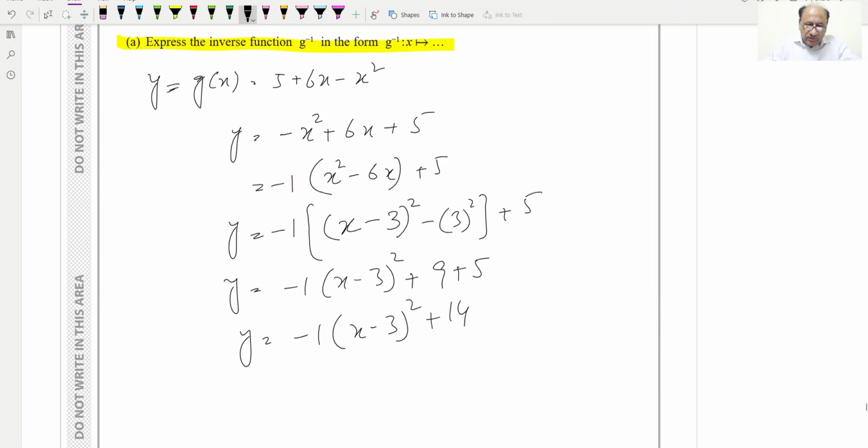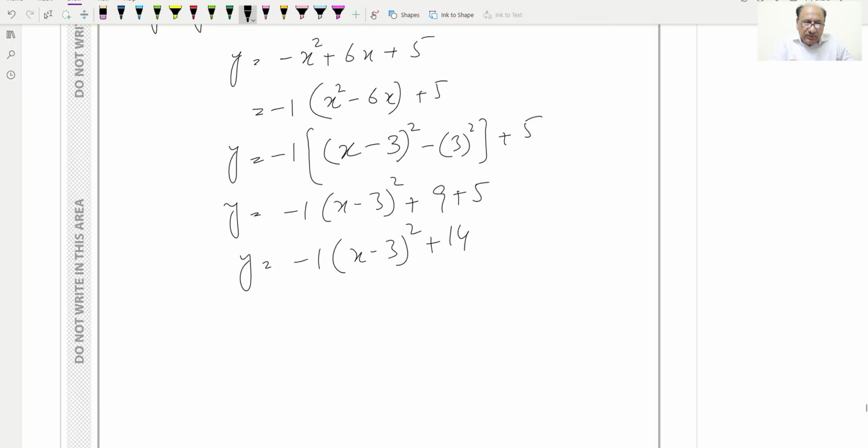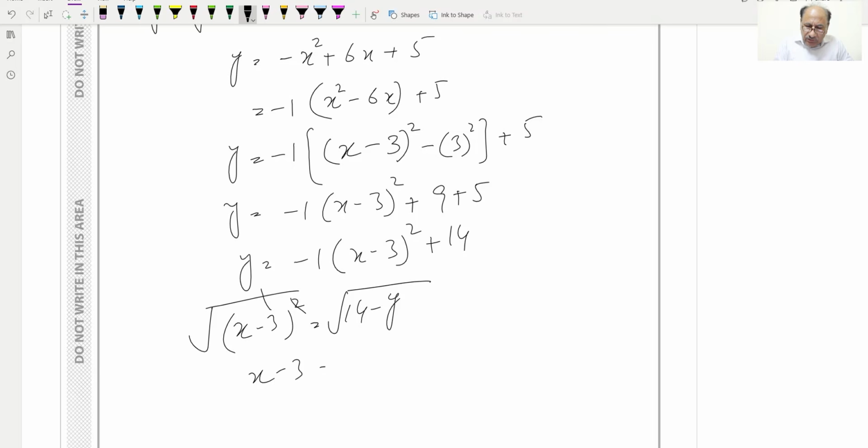Now we can shift 14 to the other side, so we can write x minus 3 squared is equal to 14 minus y, and we can take the root on both sides to get rid of this square, so x minus 3 is equal to the root of 14 minus y, and x will be equal to 3 plus the square root of 14 minus y.